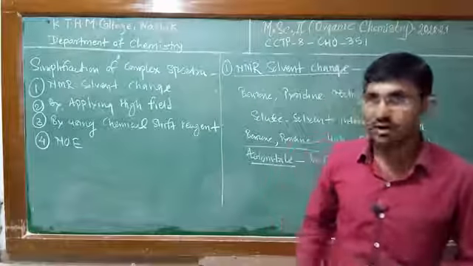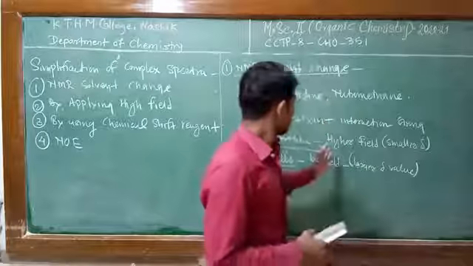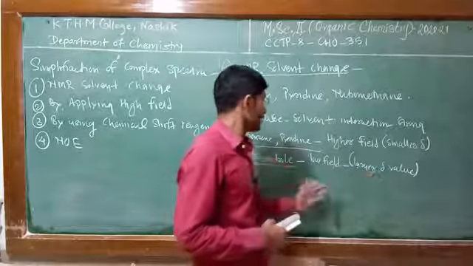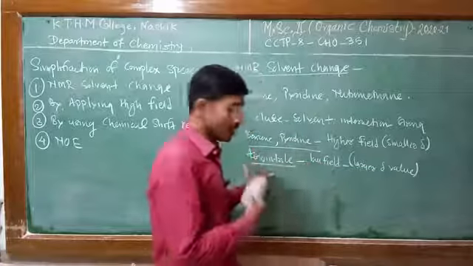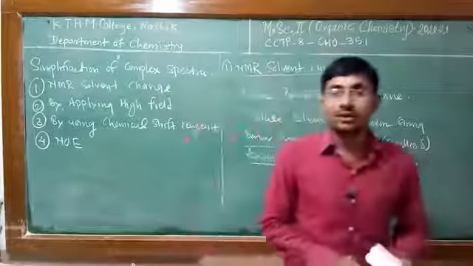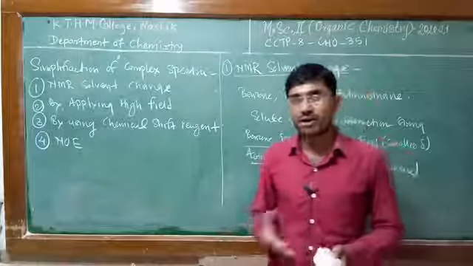So because of that we observe higher field in the case of benzene and pyridine, and low field in the case of acetonitrile. This type of solvent induces chemical shift.